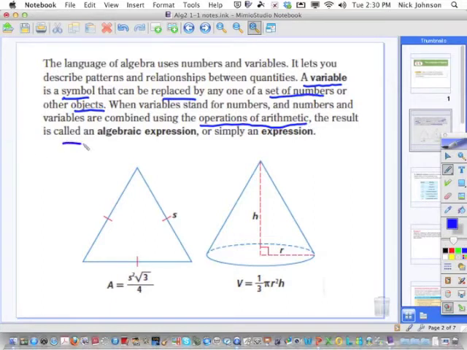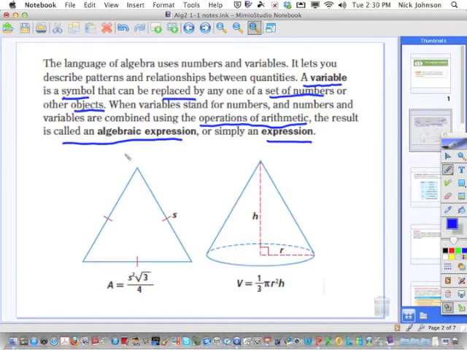So when you combine arithmetic as well as numbers and variables, you get an algebraic expression. When you simplify an algebraic expression, that's called evaluating an expression, okay? As well as algebraic expressions, we also simply call it just an expression.